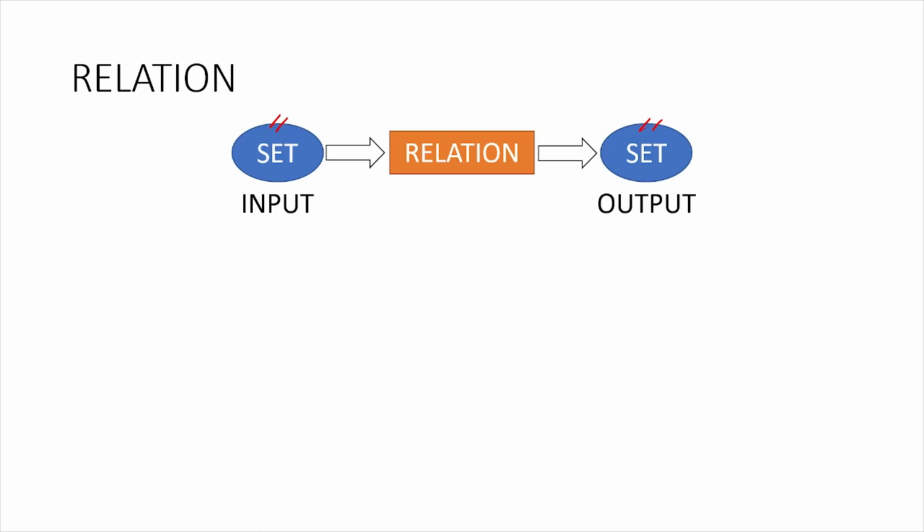So from the input set, we have the input values, and from the output set, we have the output values. So what happens basically is that we manipulate the input values. In other words, we transform them, we convert them, we extract information from the input values according to a certain rule in order to obtain the output values.